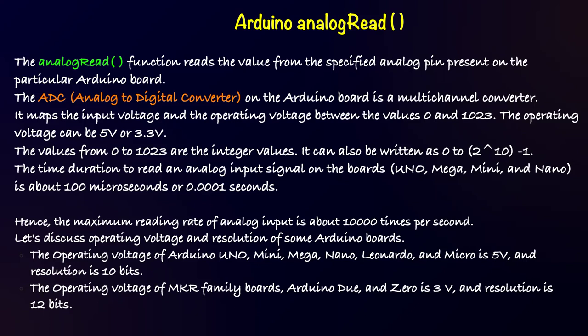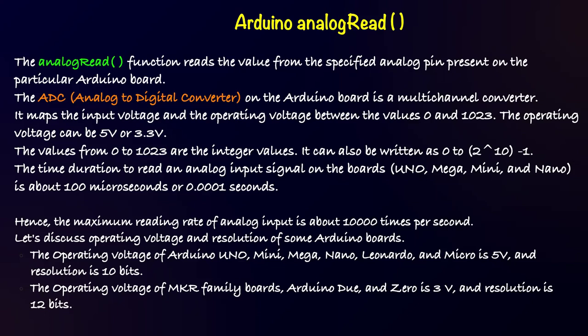The time duration to read an analog input signal on the boards, that is Uno, Mega, Mini, any one of the boards, and we'll be using Uno basically, is about 100 microseconds or 0.0001 seconds. Hence, the maximum reading rate of analog input is about 10,000 times per second.